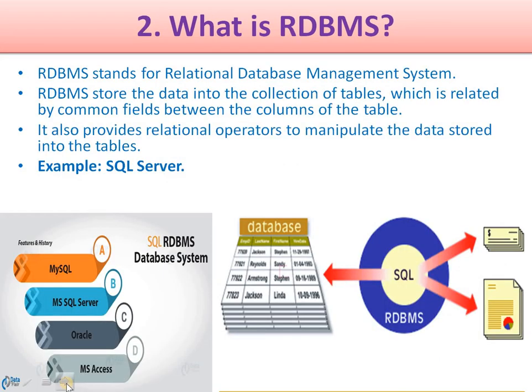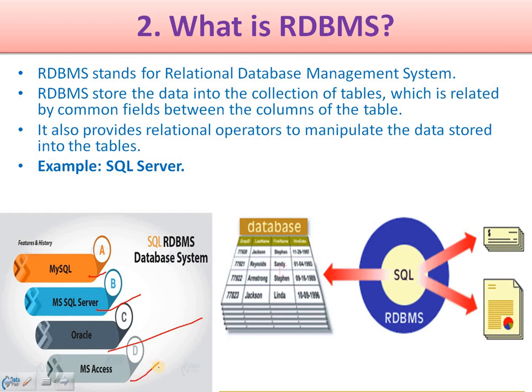What is RDBMS? That is known as relational database management system. All modern database management systems like MS SQL Server, IBM DB2, Oracle, and MySQL or Microsoft Access are based on RDBMS.